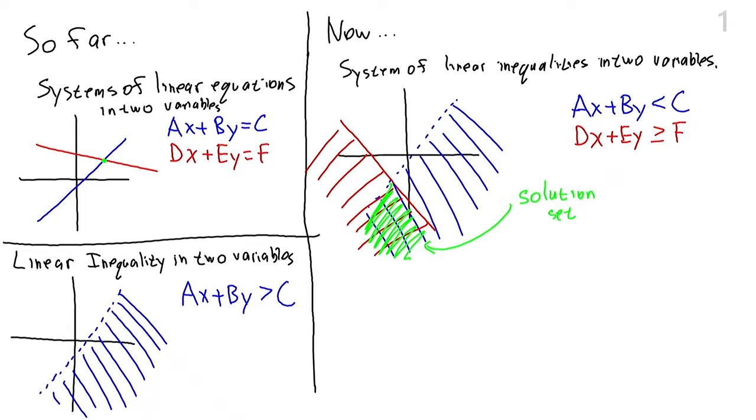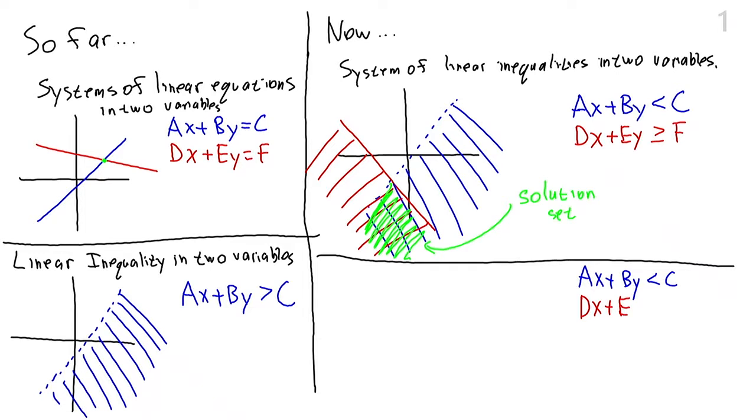We're also going to do systems of three linear inequalities. They're still in two variables, so we're also going to do something that looks like this: ax plus by less than c, dx plus ey less than or equal to f, and we're going to have a third one, gx plus hy greater or equal to another constant.